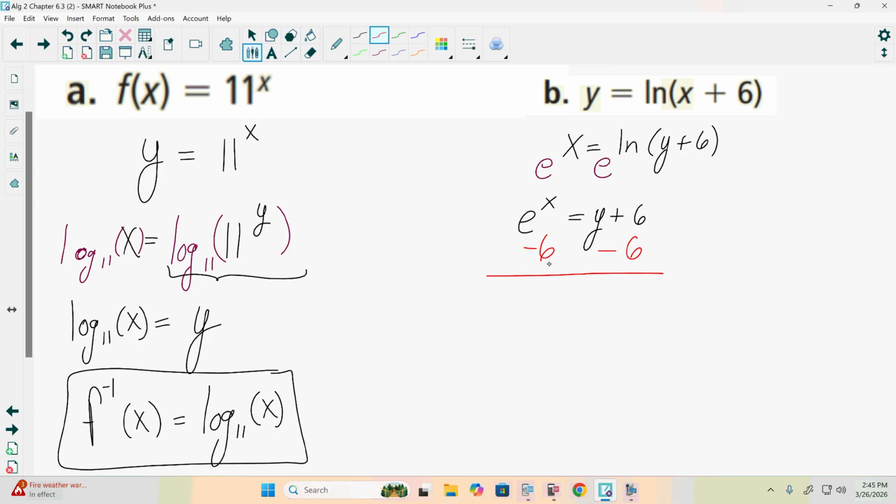Yeah, we can switch the sides. Questions on this here? Questions on anything we've done so far? We're ready for the next one.